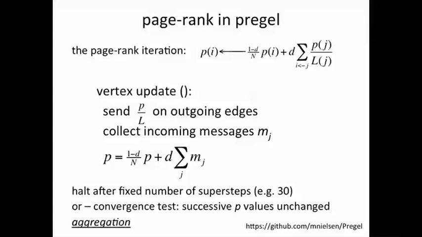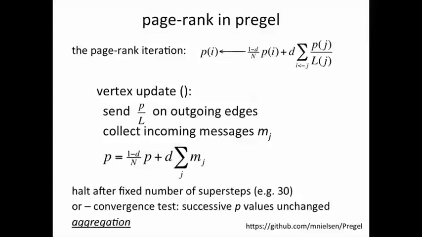Typically d is something like 0.85, so this becomes 0.15 over n. So it's p of i multiplied by some factor plus d, which is say 0.85, times the sum of the PageRanks of all the vertices j that point to i, divided by the number of links outgoing from j.